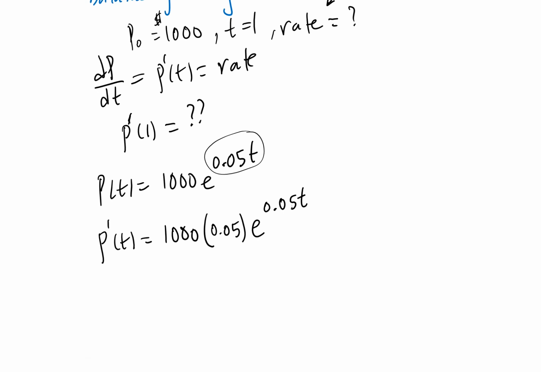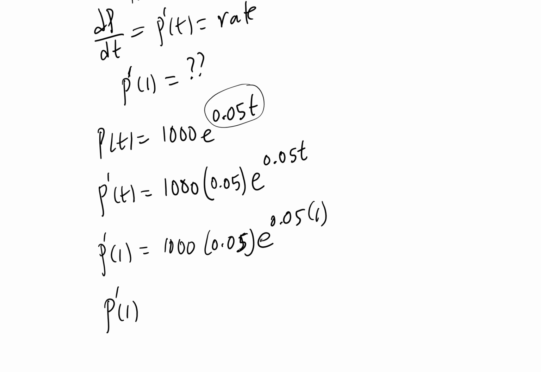So what do we get here? We would like to know what is P prime at 1. It's 1,000 times 0.05, which stays the same. All you have to do is substitute t equals 1.